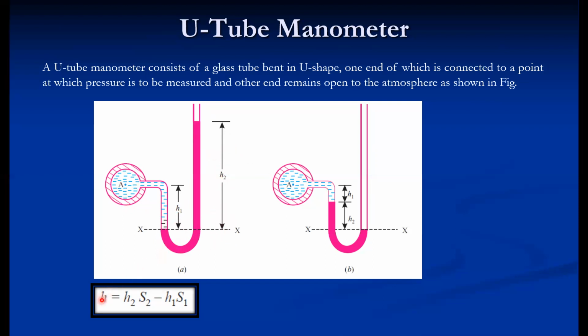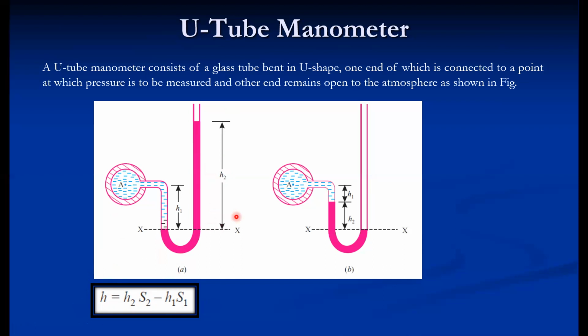By rearranging the terms, we can say H is equal to H2 S2 minus H1 S1, because H is nothing but P by gamma. So dividing both sides by gamma, PA by gamma is H. So this H is nothing but meter of water column.